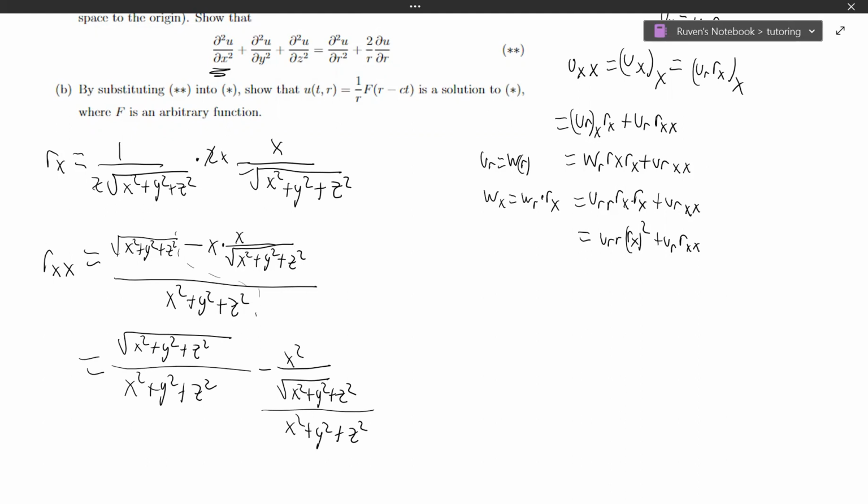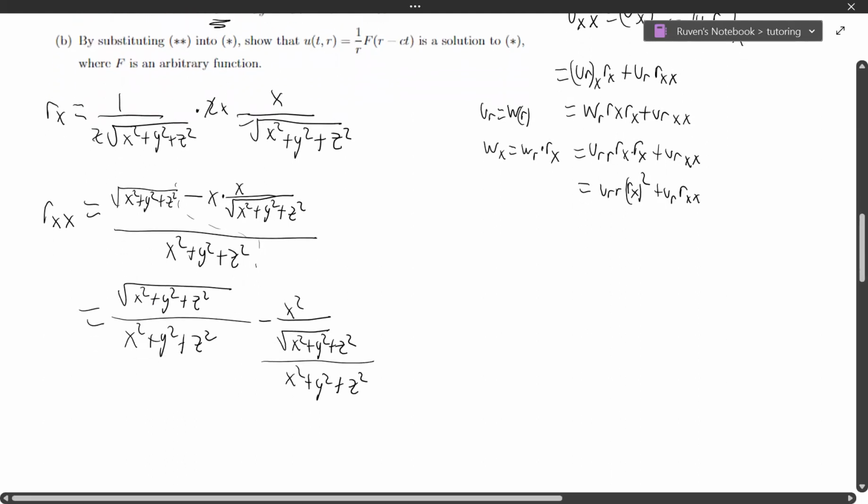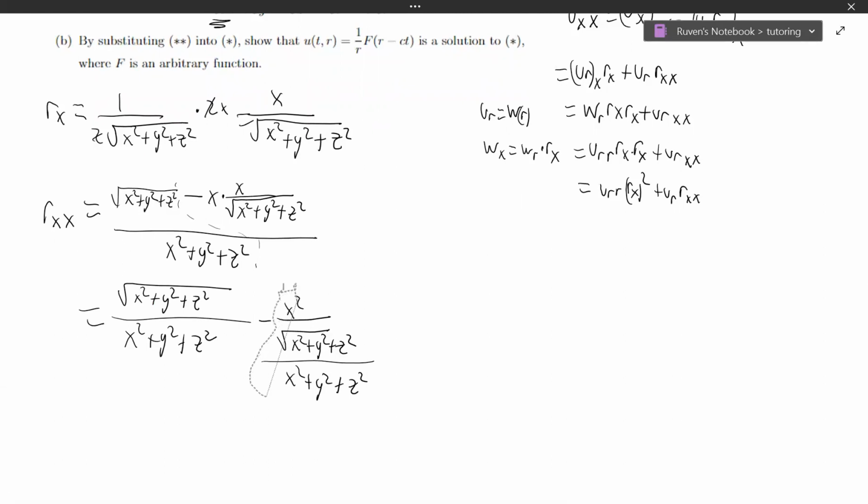Okay, hopefully that makes sense. And I know I kind of shifted it all down, so I'll just shift this fraction back up. There you go. So it looks like they're actually in line.